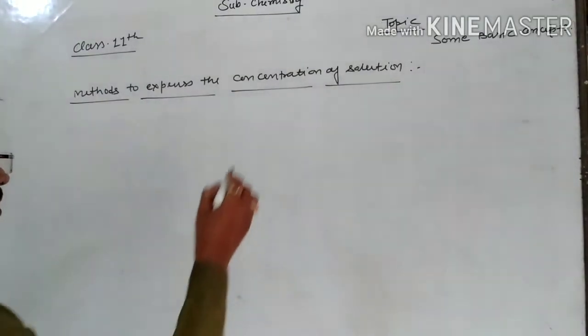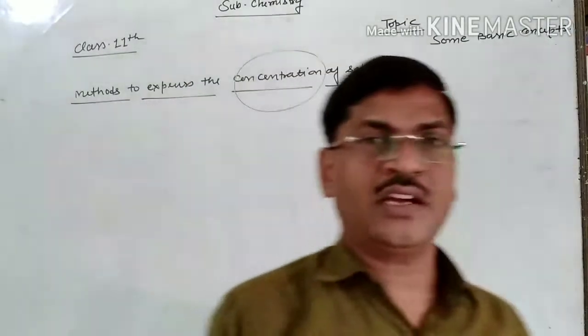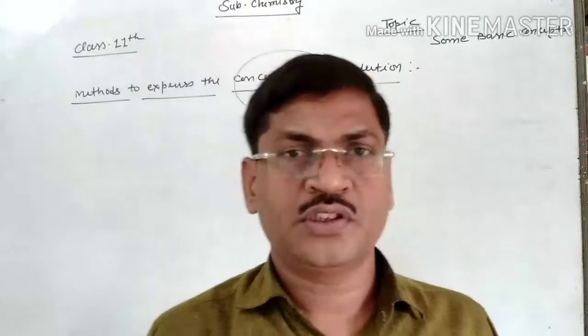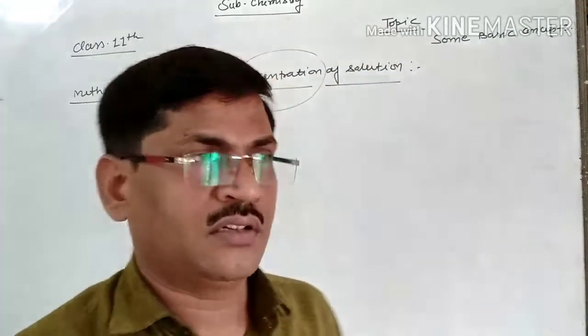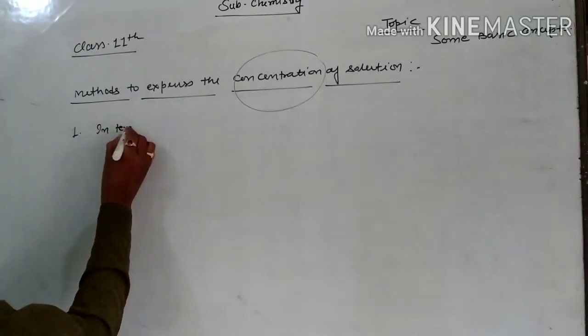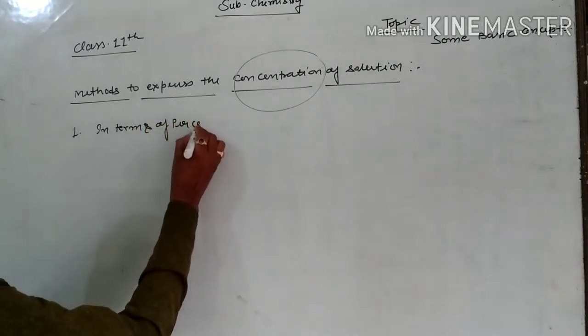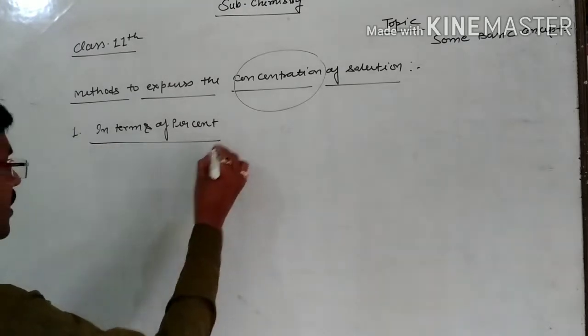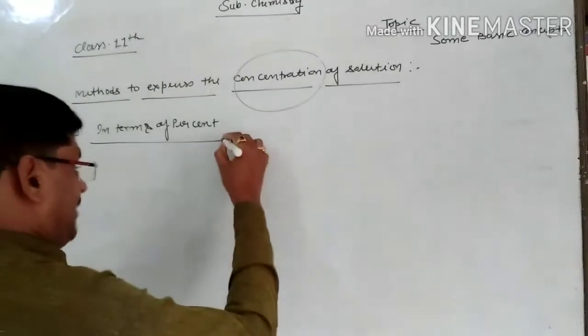As you know, concentration tells you the amount of solute present in a particular solution. Suppose first of all you want to represent it in terms of percent. All of you have to remember, and have also seen, that there are three types.